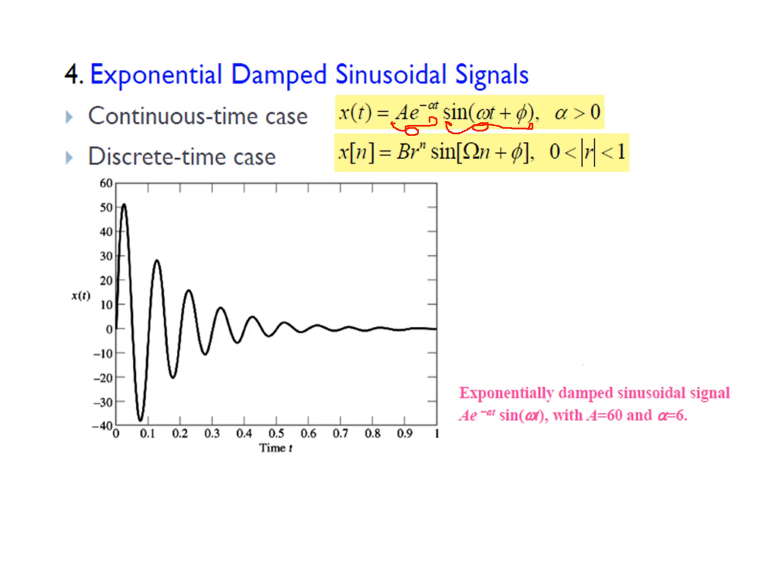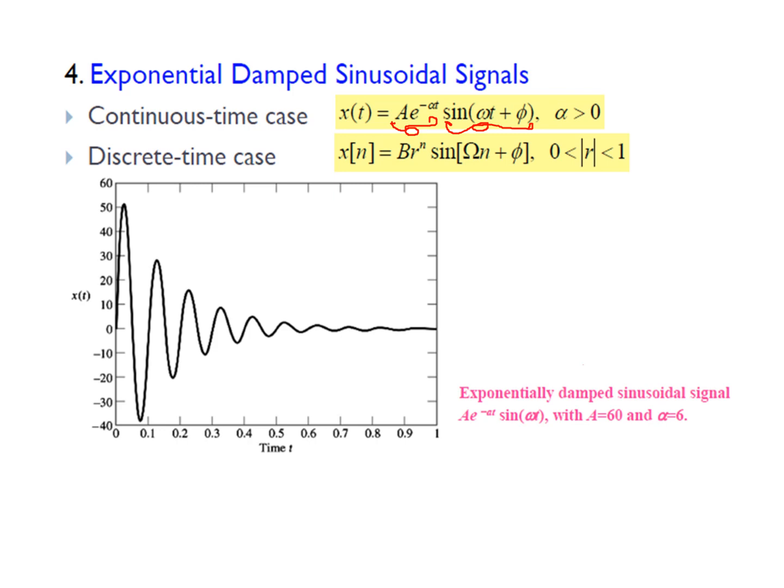Similarly, for the discrete time case, the same exponentially damped sinusoidal signal can be written as x of n is equal to b into r to the power of n into sine of omega n plus phi.